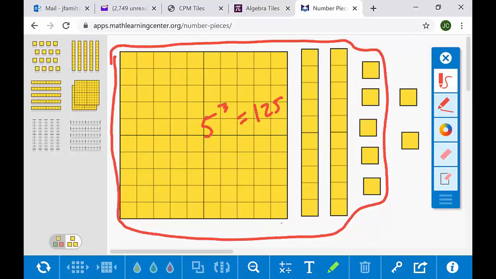So that will be one of those, 1 cube. We don't have any 25s. We don't have any 5s, and we only have 2 units. So there are 2 units, and here is our 5 cubed, or 125, and no 25s and no 5s.